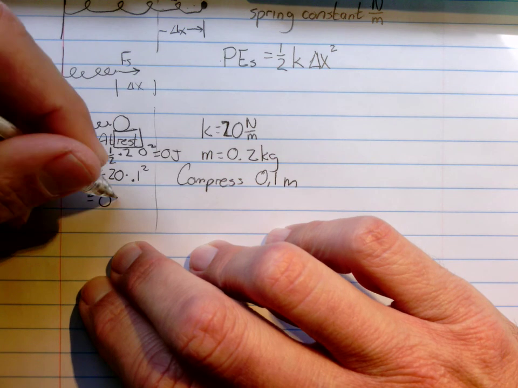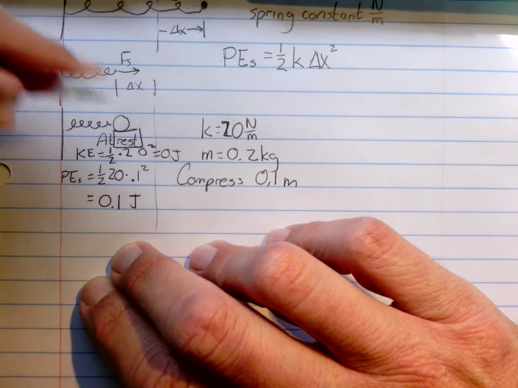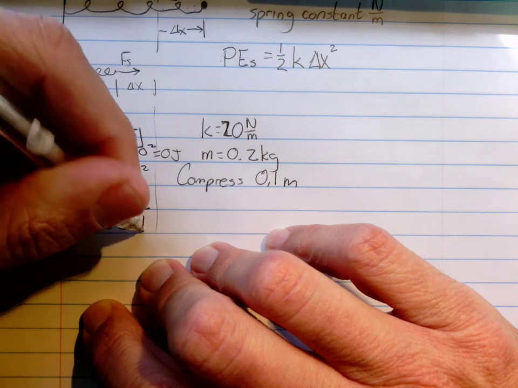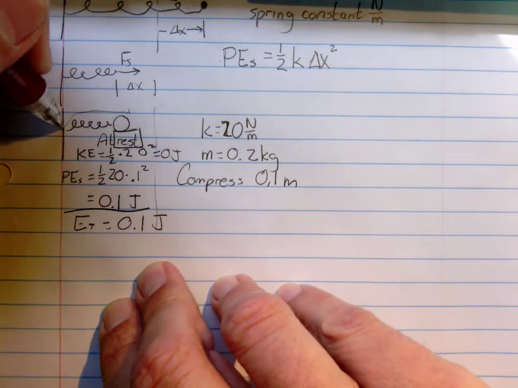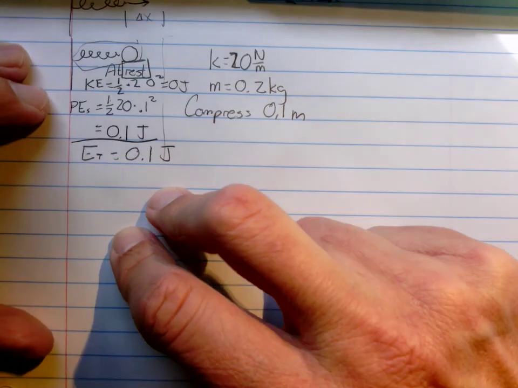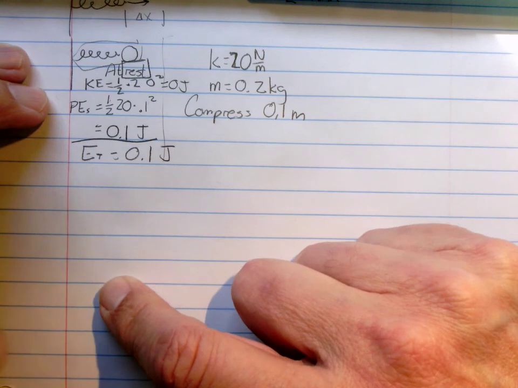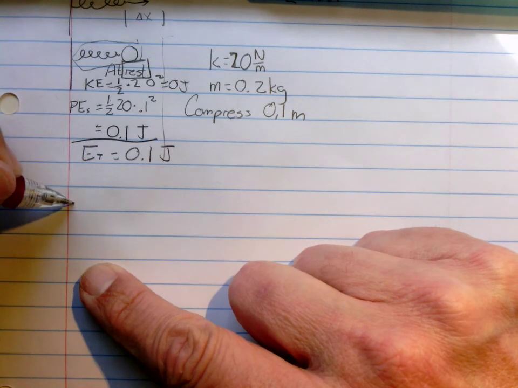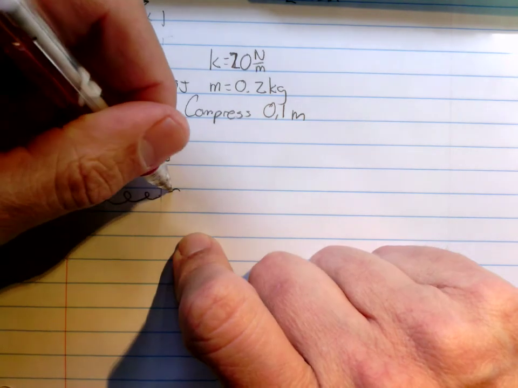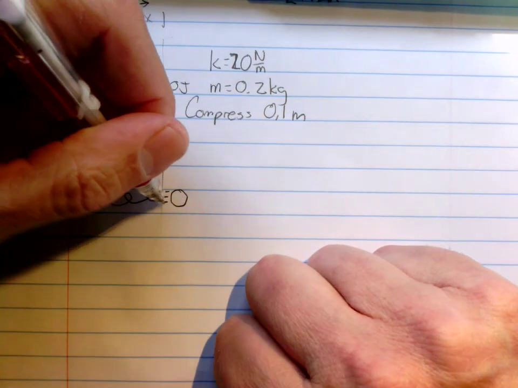It ends up being 0.1 joules, just a coincidence. So my total energy there is 0.1 joules of the system. And the system now includes the spring. Okay, now I let it go. And I want to find out how fast it's going when it gets back to equilibrium. Here's my equilibrium line. When it gets back to equilibrium, how fast will that ball leave?